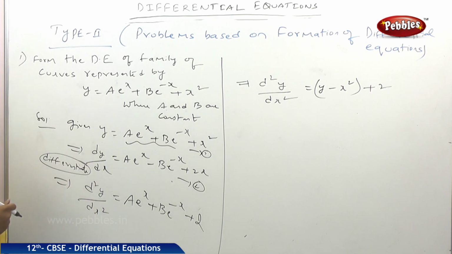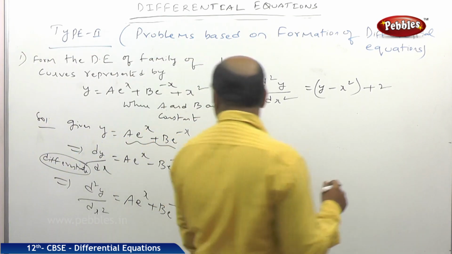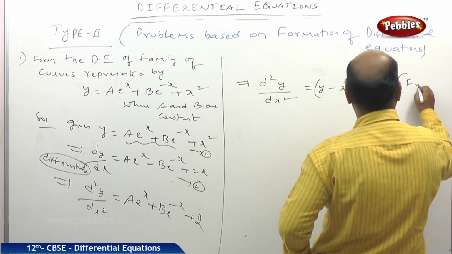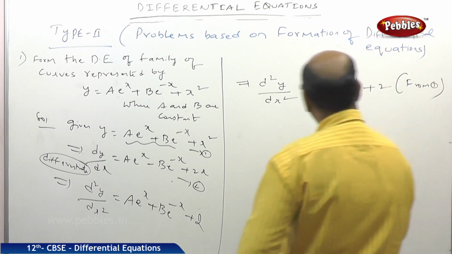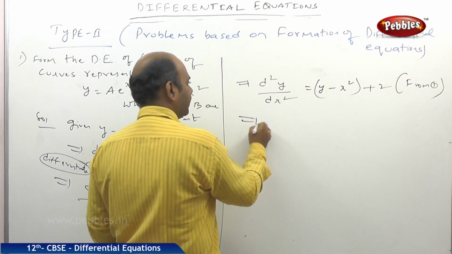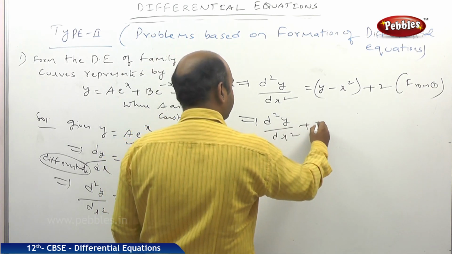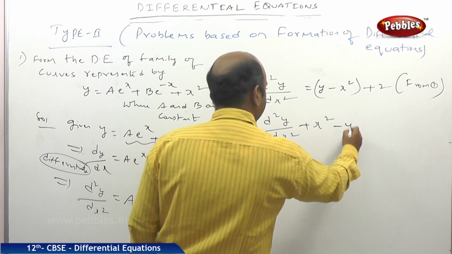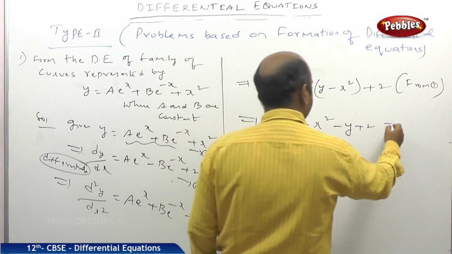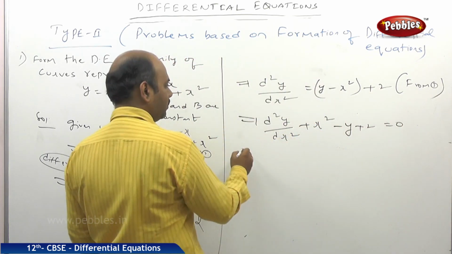Now finally, how I got this, I am giving the reason also, from 1. So finally, d square y by dx square plus x square minus y plus 2 equals 0.